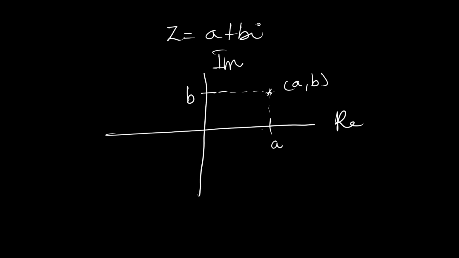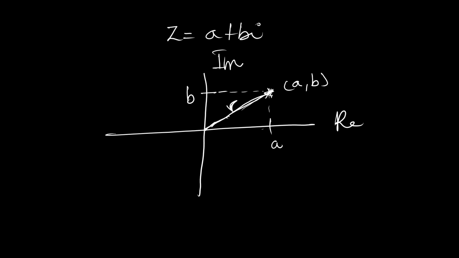Now we can join a line from the origin to where we have the plot of that particular complex number. So that line that joins the origin and this particular point is what we call the modulus of the complex number, and it is written as R.